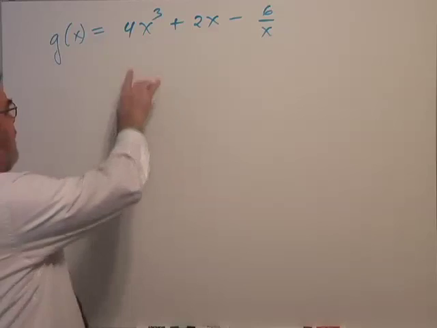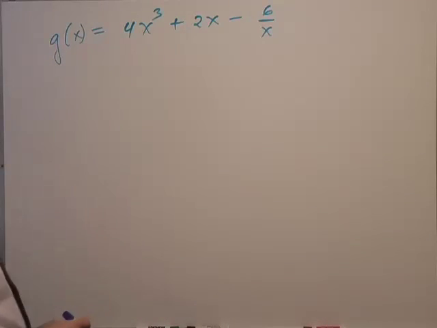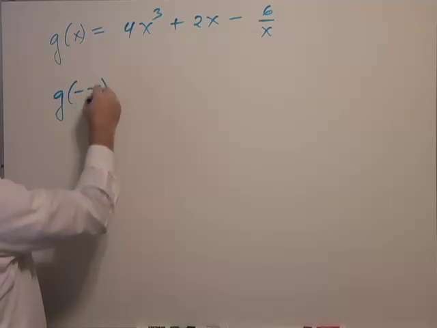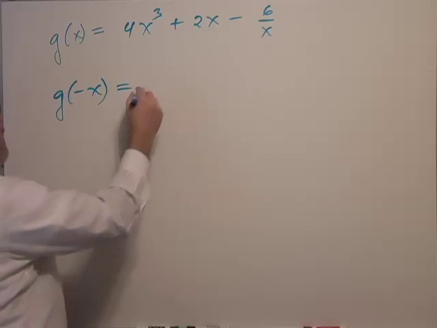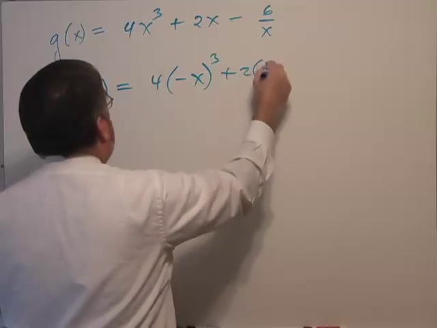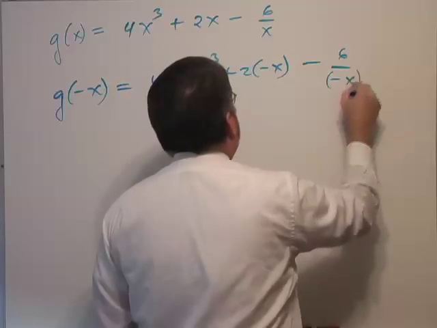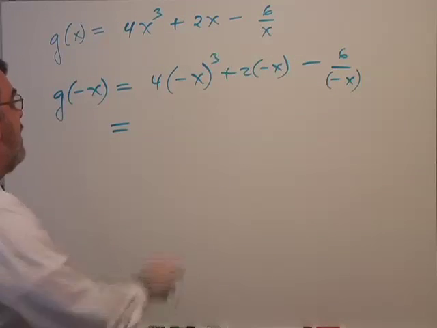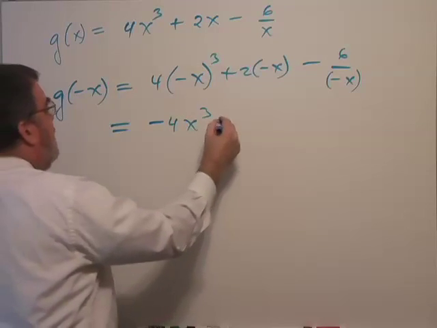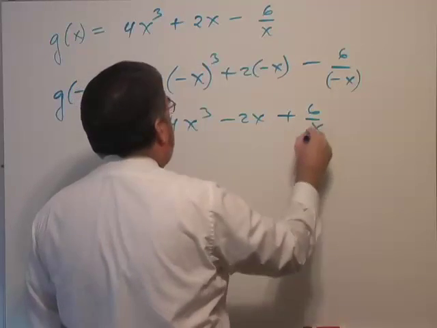Alright, anyway, this is 4x cubed plus 2x minus 6 over x, and to test it, I need to plug in negative x. We get 4 times negative x cubed plus 2 times negative x minus 6 over negative x. So here we get negative 4x cubed minus 2x, and then here the negatives cancel, plus 6 over x.